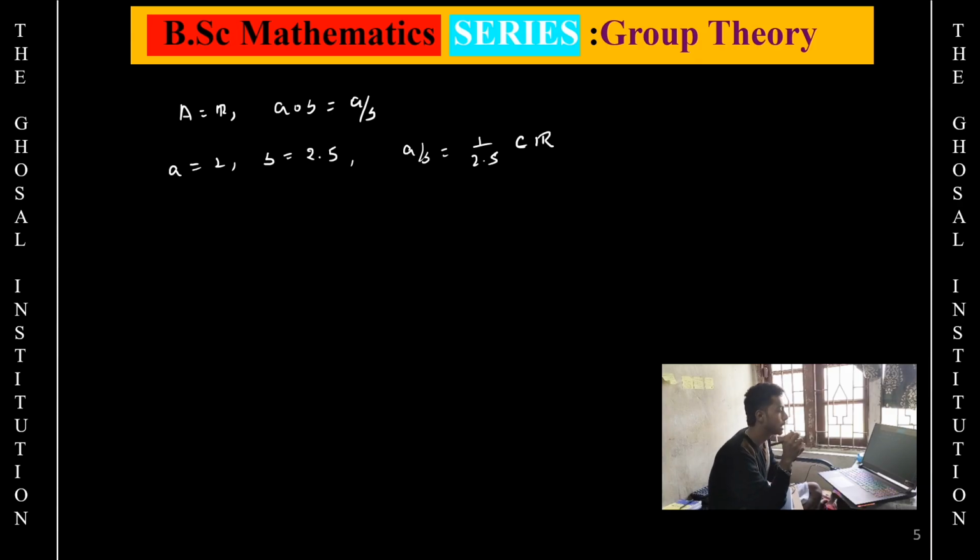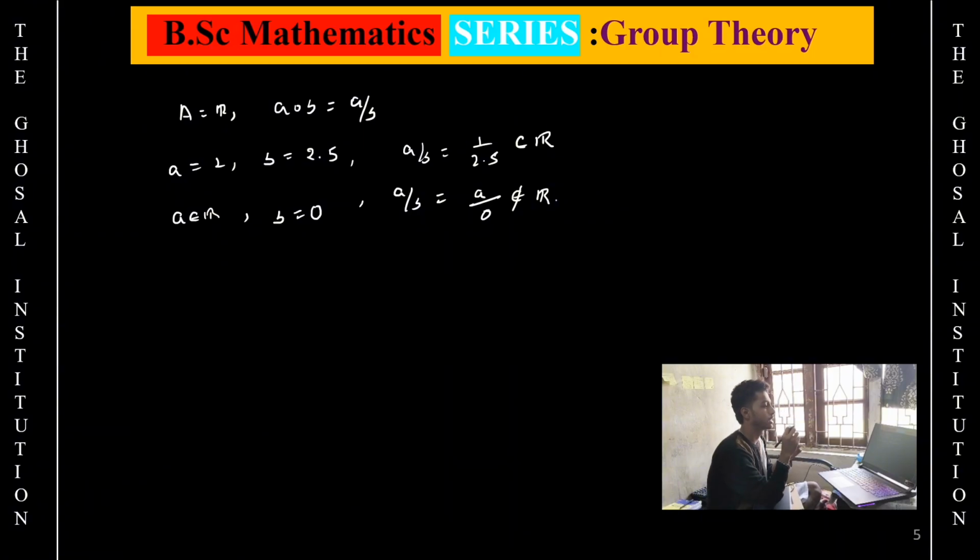But for one case, if you take any real number A, no worries, no restrictions. But if you choose B as 0, because 0 is also a real number, then A by B is A upon 0, which is not in R, it is undefined. So this will also not be a binary composition.